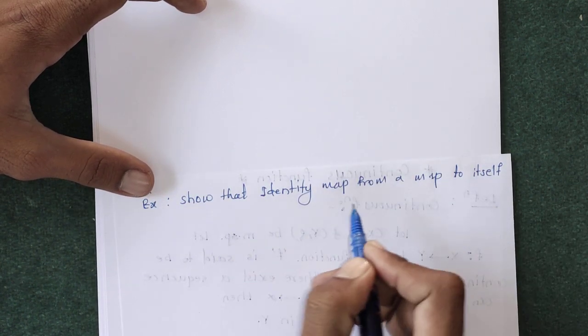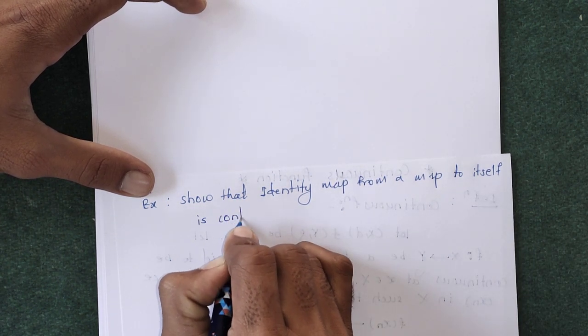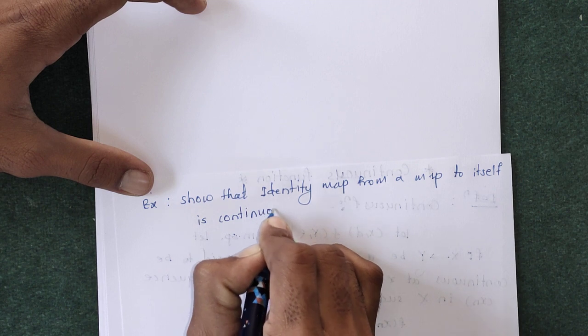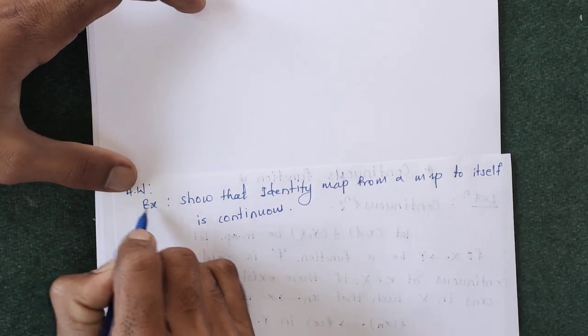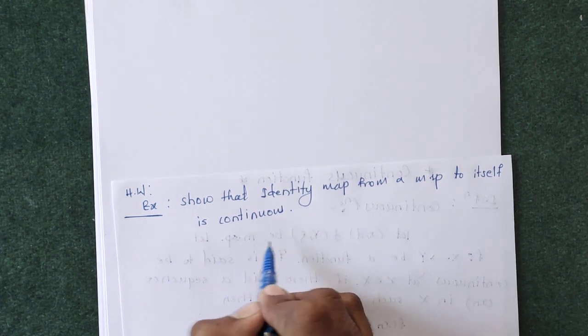Identity map means f of x is equal to x. This is for your homework. Just take the function f from X to X defined as f of x is equal to x.